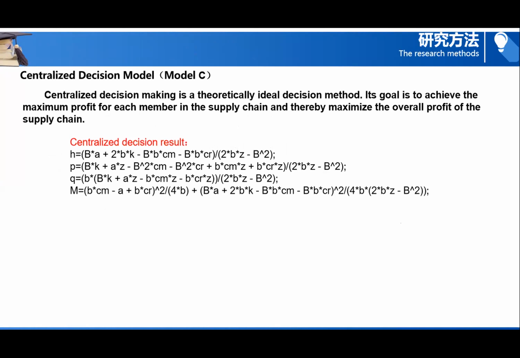The goal is to achieve the maximum profit for each member in the supply chain and thereby maximize the overall profit of the supply chain. These are some results for the centralized decision.